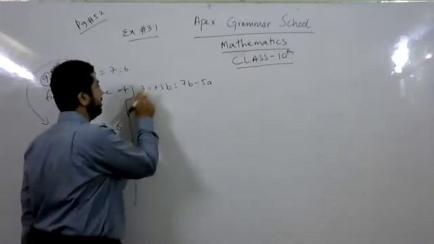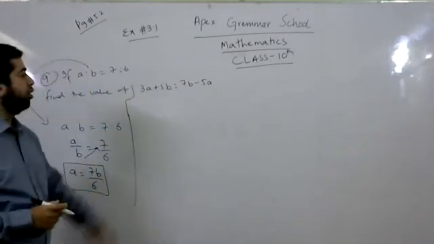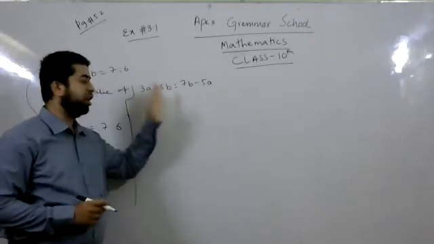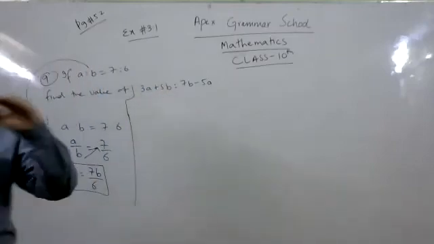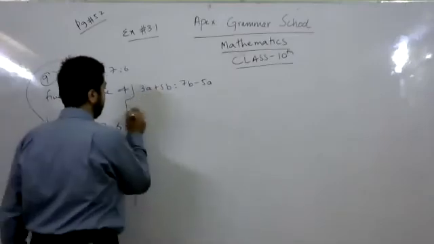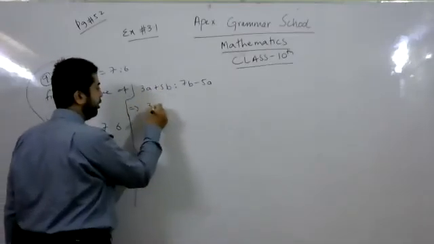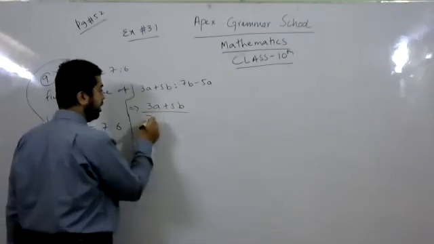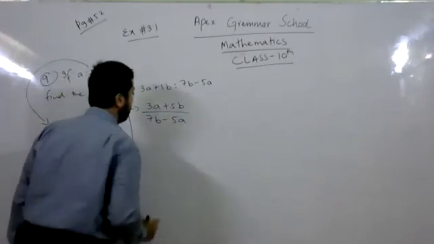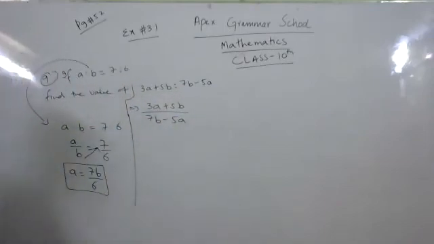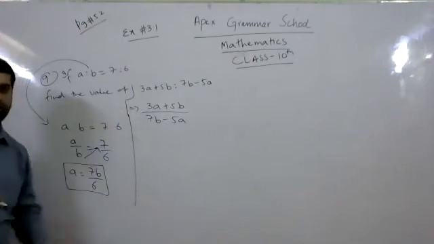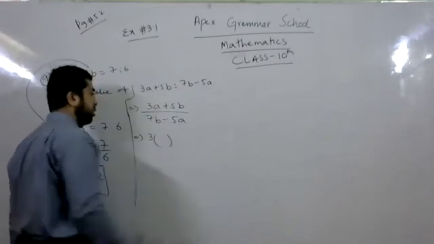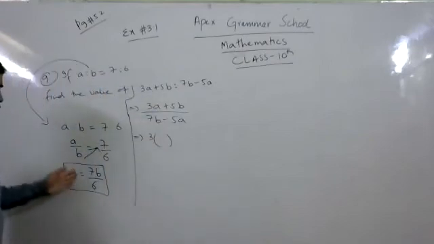We have this question which we need to solve. You can see that between these two values there is a ratio sign. The ratio sign is basically a fraction sign. You can write it as 3A plus 5B, instead of ratio, a divide sign, 7B minus 5A. Now you need to put the value of A inside this. 3 times A, so you put the value of A here.